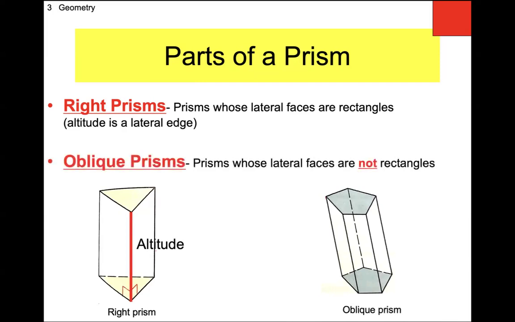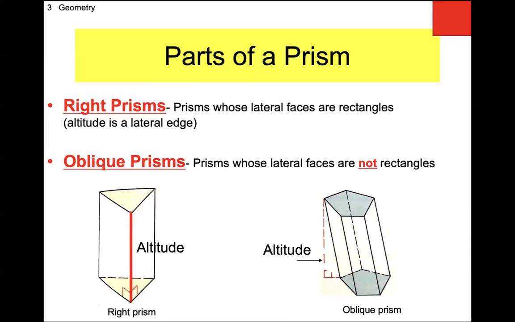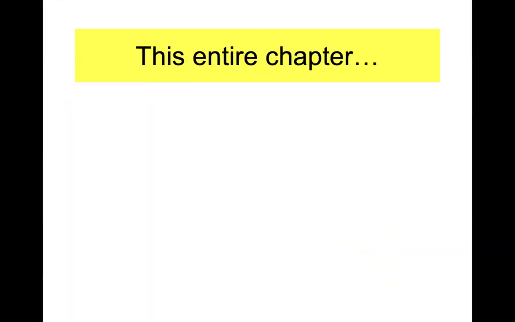And by definition, it simply says that the sides are not rectangles, they're parallelograms. On a right prism, all the sides will be rectangles. How do you measure the height of an oblique prism, especially if those two bases are far away from each other? Well, you measure it off to the side. This particular one I drew, you could measure from the center of the bottom to, it wouldn't go to the center of the top, but you could still draw a dotted line to the top. And that's called the altitude.